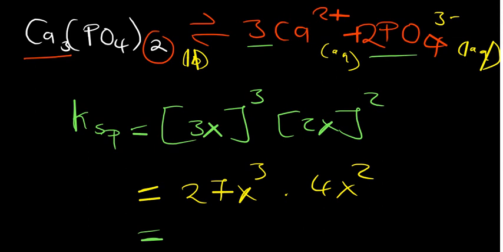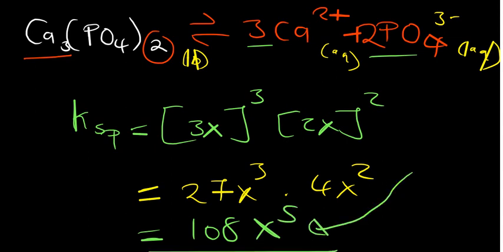So 108 x to the power 5. So given the solubility concentration, you're able to find the KSP value of solid calcium phosphate.